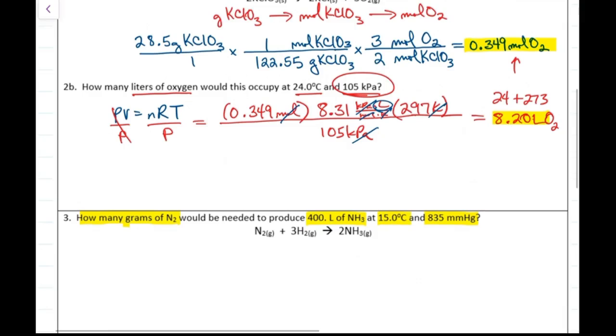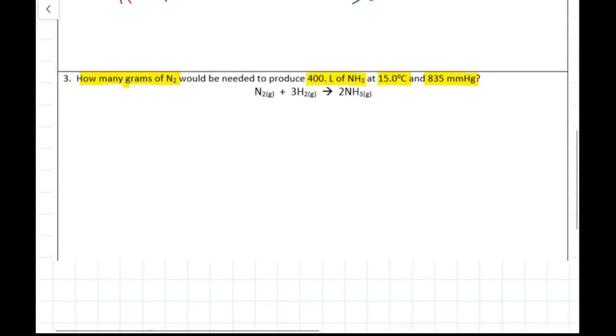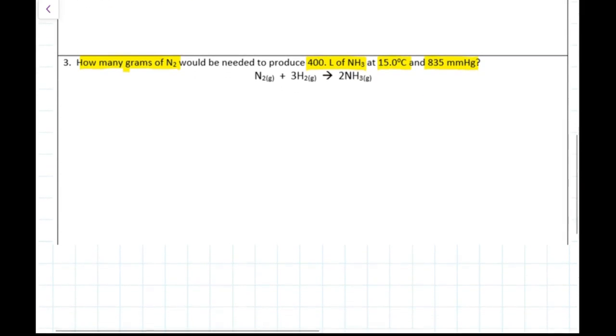Okay, so let's go ahead and see if we can figure out this problem. So again, if it's like question 1, which one are you going to start with? You're going to start with the ideal gas law. You're going to be using this information, right?